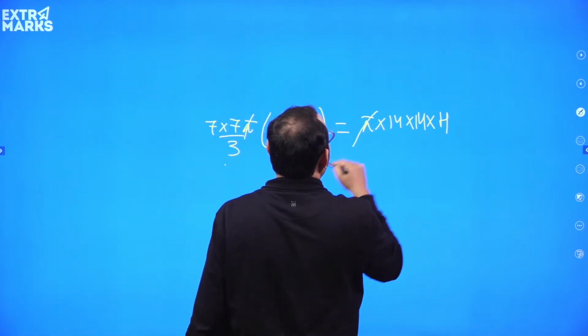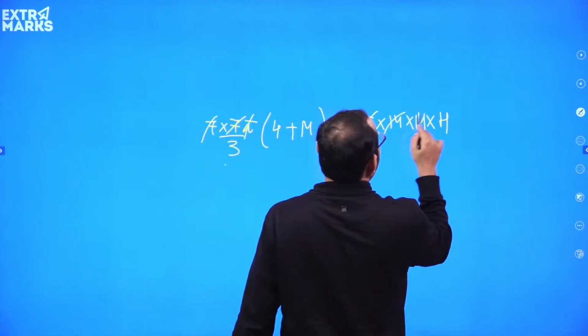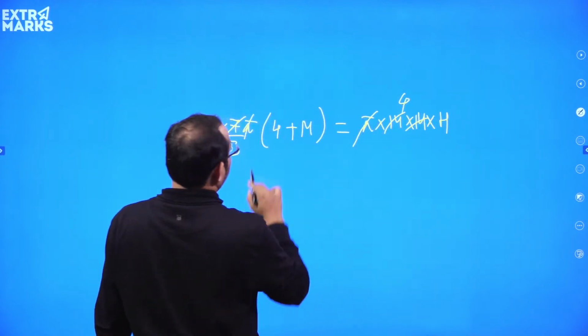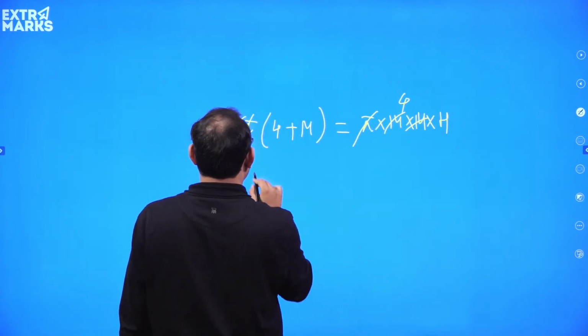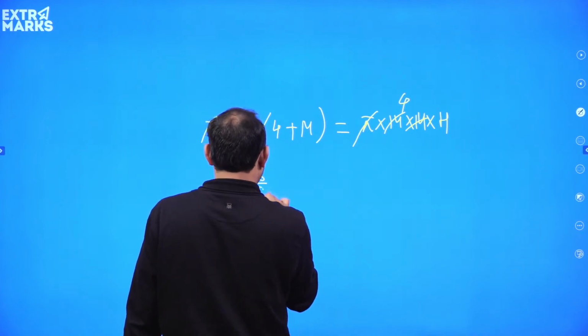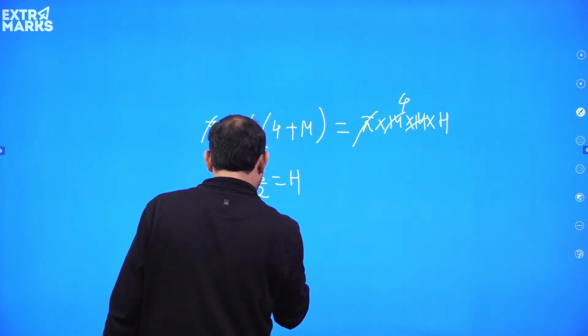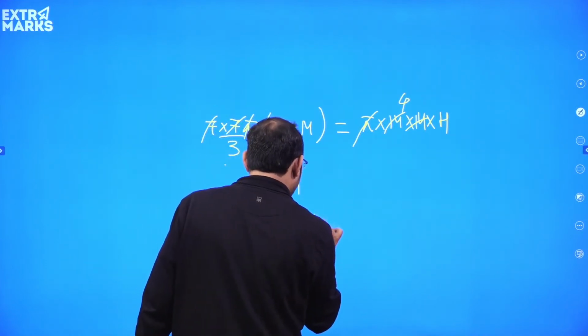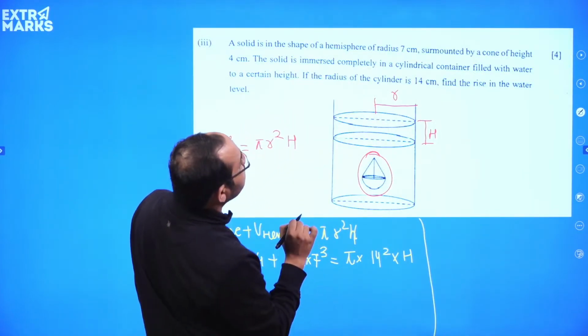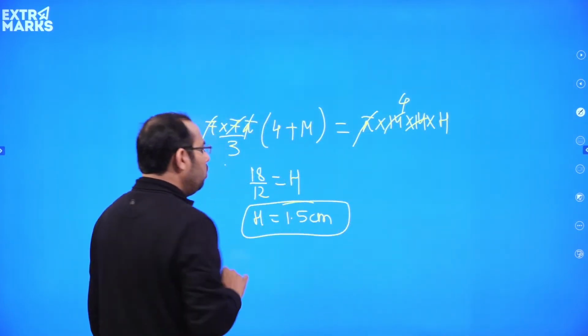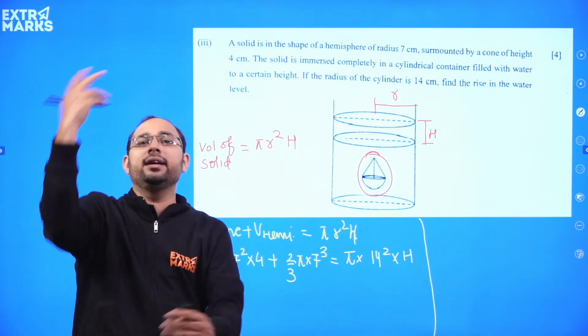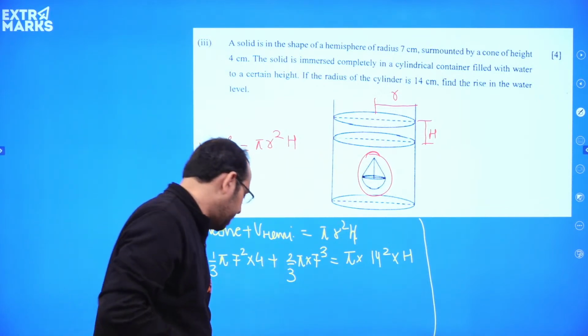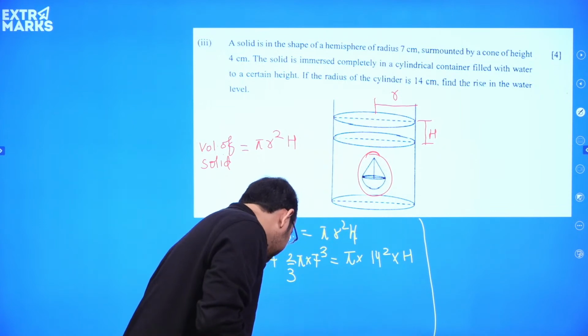Pi gone with pi. 4. So 14 plus 4 is 18 by 12 equal to h. So h is 1.5 centimeter if I am not wrong. Yes, centimeter. So the height of the cylinder increases by 1.5 centimeter. I hope everybody got it right.